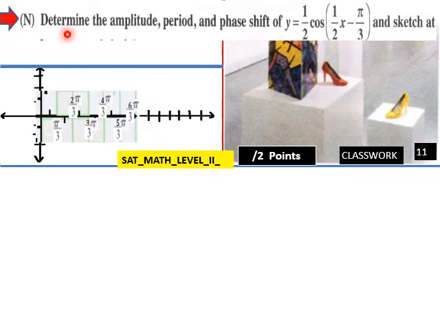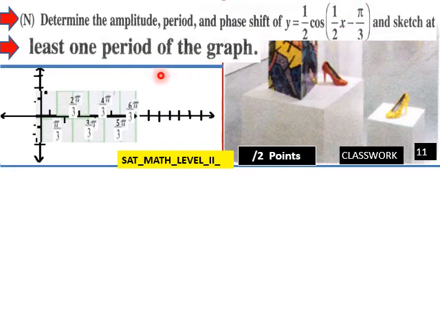Then we're going to determine the amplitude, period, and phase shift of y equals 1/2 cosine of (1/2 x minus pi over 3), and sketch at least one period of the graph.